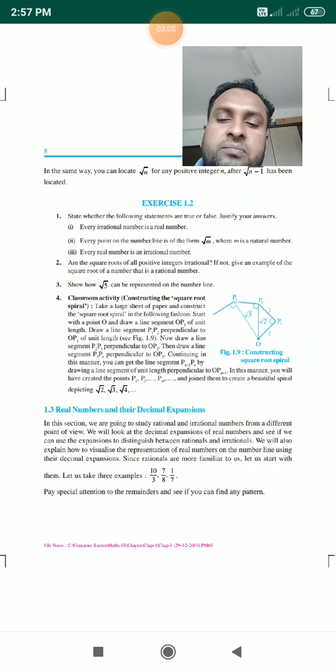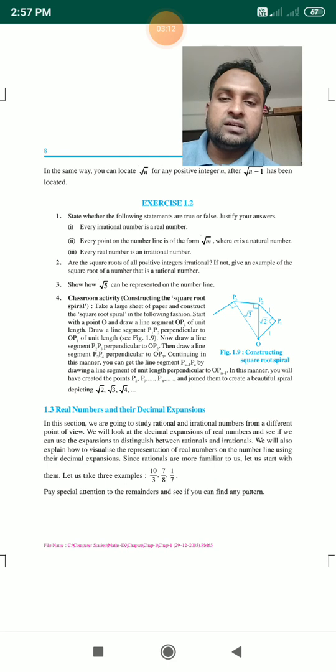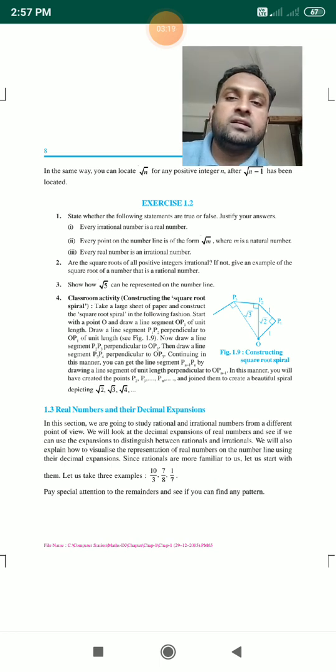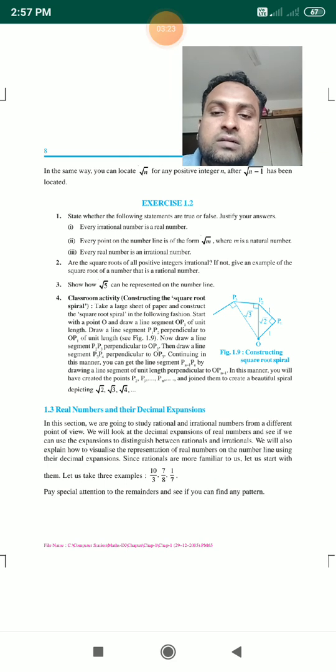Then come to the next, exercise 1.2. Same examples here. Before, you have seen the solved examples; now here is the exercise: how to represent root 3, root 2, root 5, root 7 on the number line. Clear? Then real numbers and their decimal expansion.